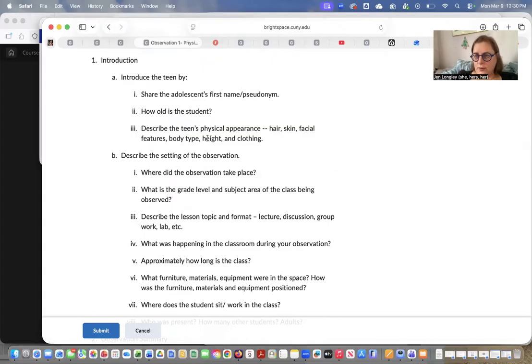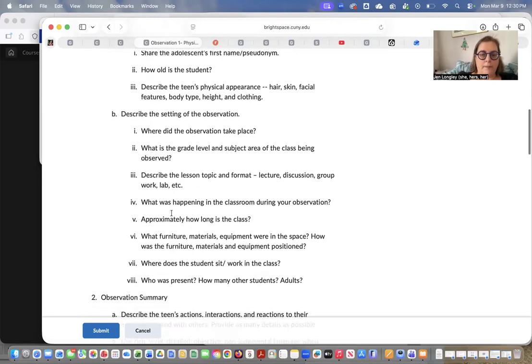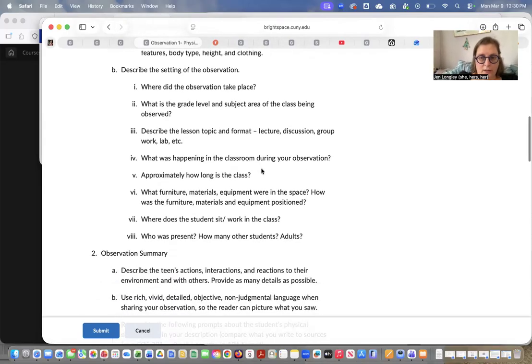What do they look like so that the reader can picture them? Describe the setting. Where does the observation take place? Typically, it's going to be in the classroom. What's the grade level and subject of the class this student is in? What's the lesson and topic you're using for this observation?